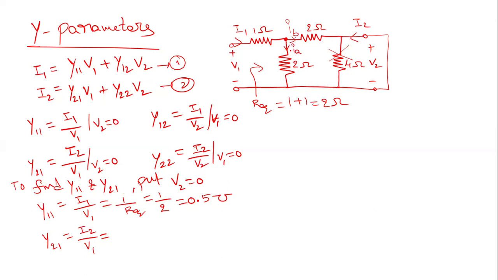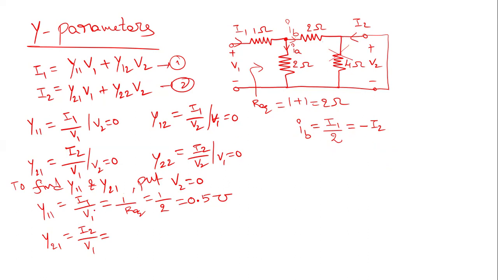At a node, current will be divided. These are two equal resistors, so the current will be divided equally. So IB is I1 by 2, which is equal to minus I2, since IB is flowing in the opposite direction to I2.